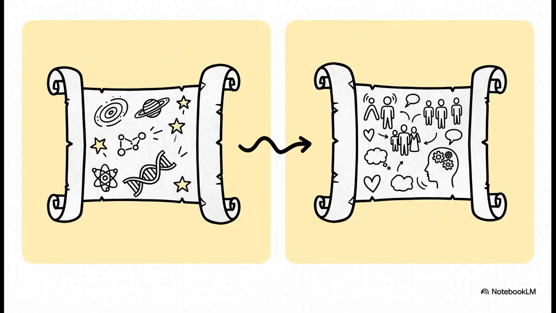So, here's a good way to think about it. We basically have two huge maps for trying to understand everything. On one hand, you've got the natural sciences, physics, biology, all that. They're mapping the physical world. Then you have the human sciences, psychology, economics, stuff like that. They're trying to map, well, us, our inner world, our societies, how we tick.